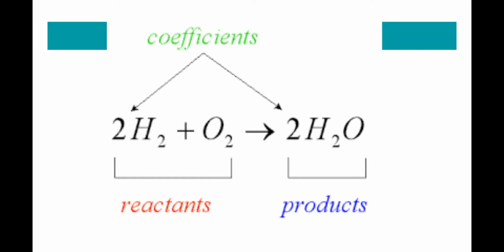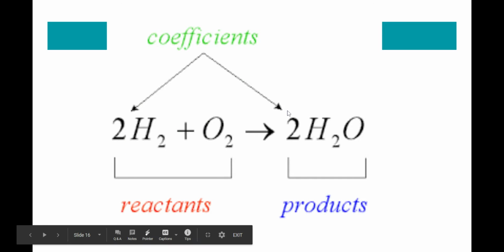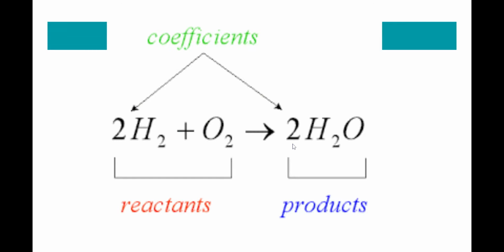So this is the anatomy of a chemical reaction. You see we've got reactants over here and products over here, and there are some coefficients, we talked about that. But the idea is that these two things, this H2 and this O2, are going to interact and form something new. They're going to form H2O.